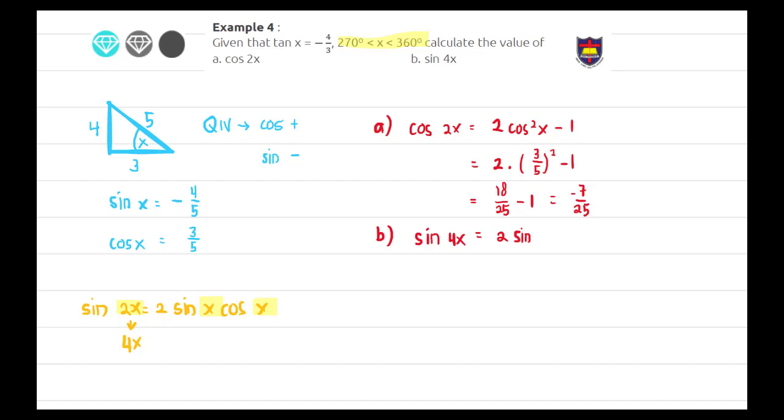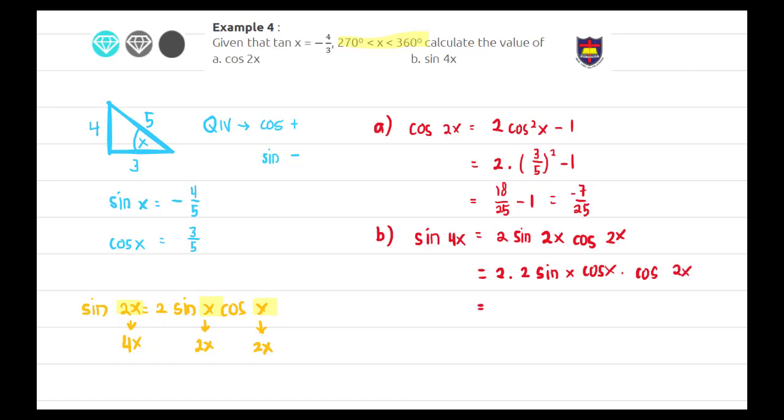So we can change it to 2x and 2x. That means here we have 2 sine 2x cos 2x. But what we have in the ratio is sine x and cos x. So now we have to change all of them in terms of x. For sine 2x, I use again the double angle formula 2 sine x cos x. And for cos 2x, since I calculated it earlier, I can just substitute it later.